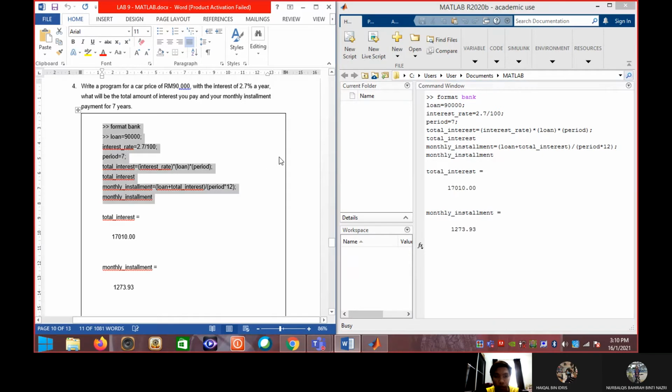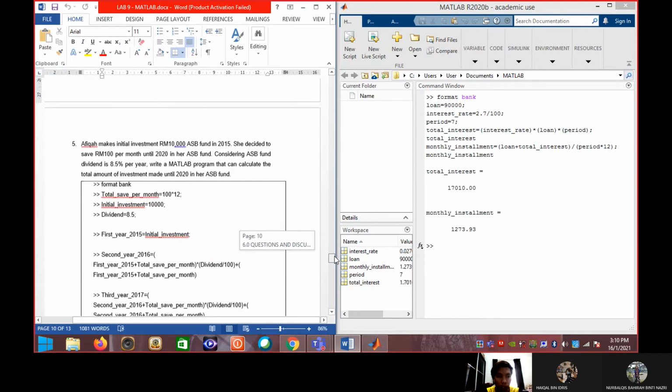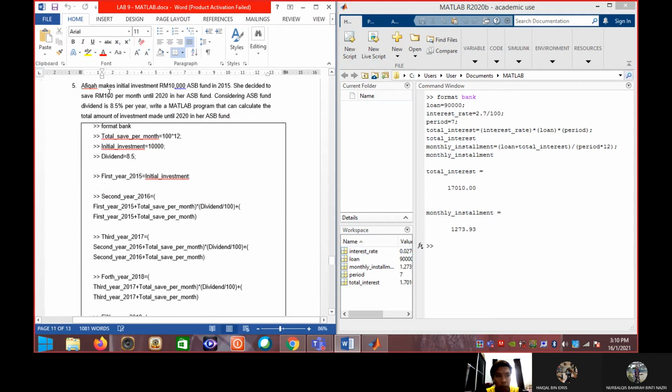For number 5, the question asks us to calculate the total amount of investment made from 2015 until 2020. She decided to save 100 ringgit per month until 2020. The SB considers the dividend to be 8.5% per year.